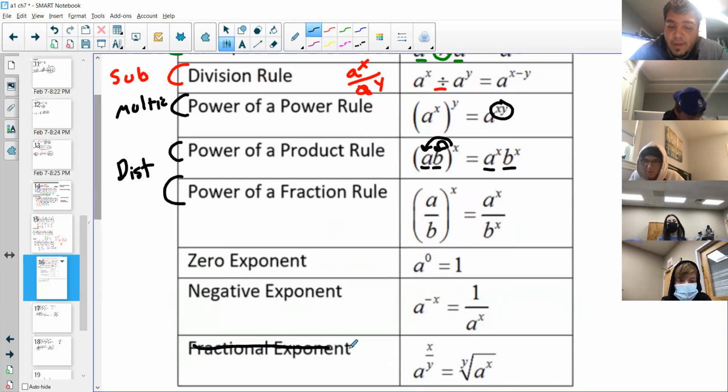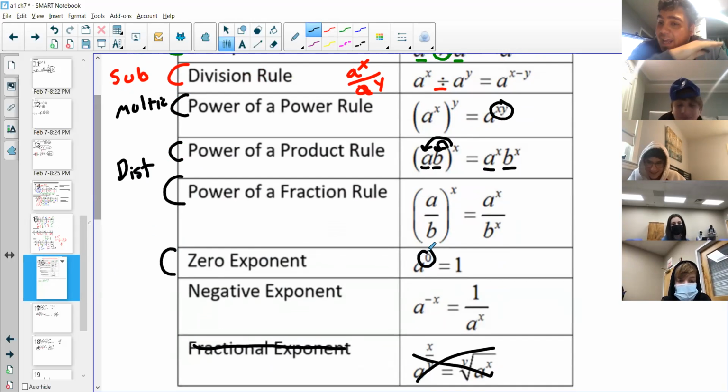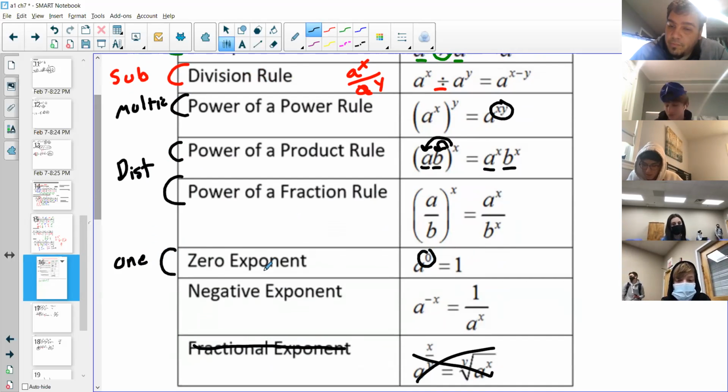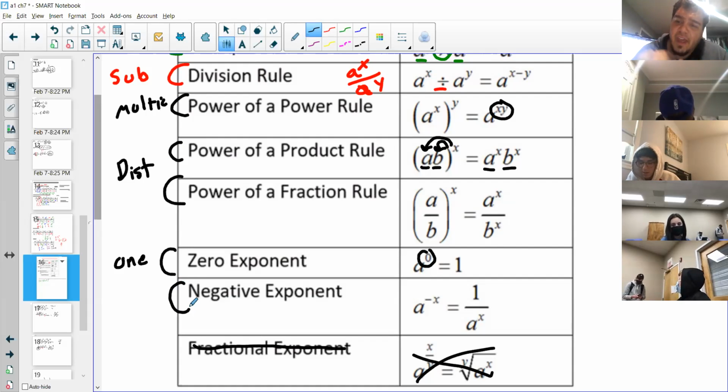This one we don't need to worry about, fractional exponents. 0 exponent: anything, and I mean anything, no matter how large the number, no matter how crazy the equation is, to the 0 power ends up becoming a 1. So this just becomes 1. And the last part is the negative exponents.